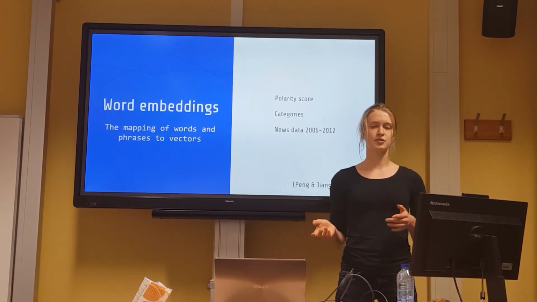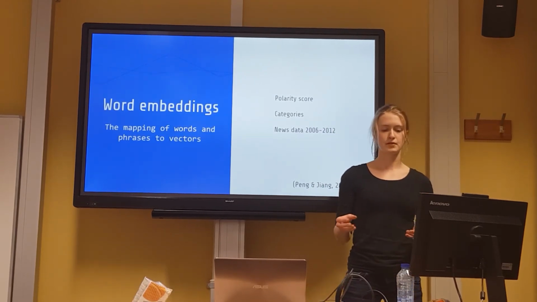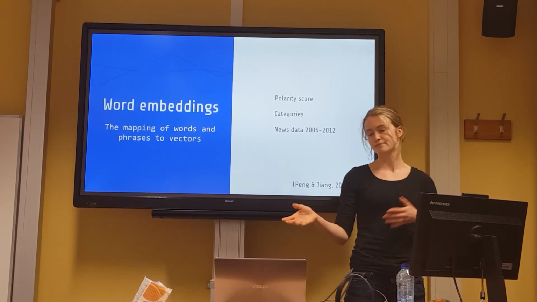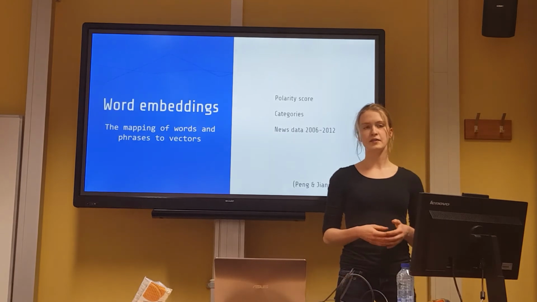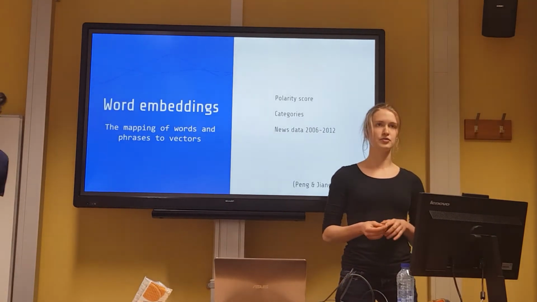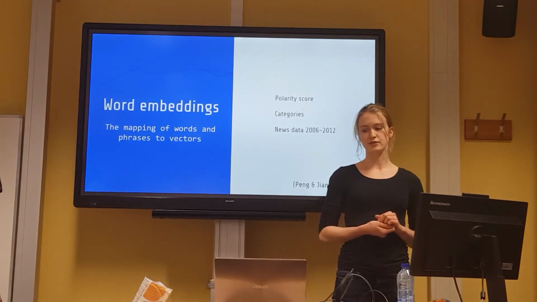Furthermore, they generated some categories, for example good, bad, uncertain, expanded those, and then categorized the words in the text into those categories to generate another vector.